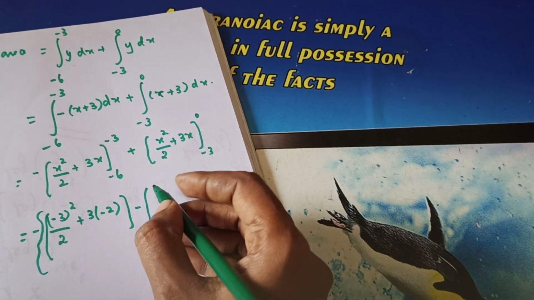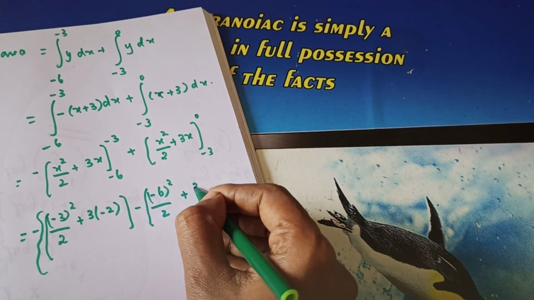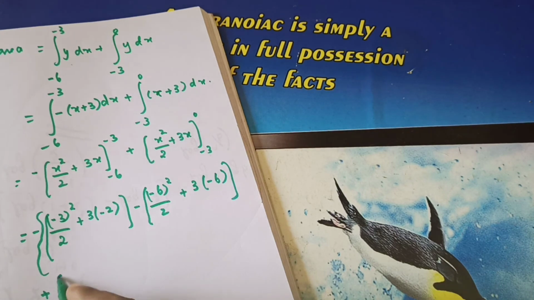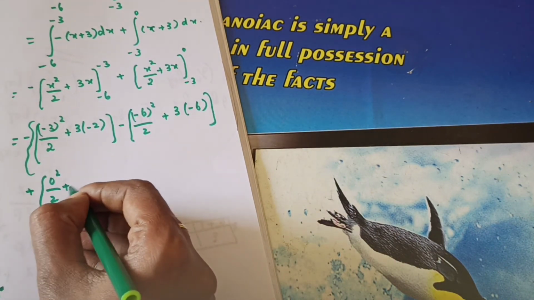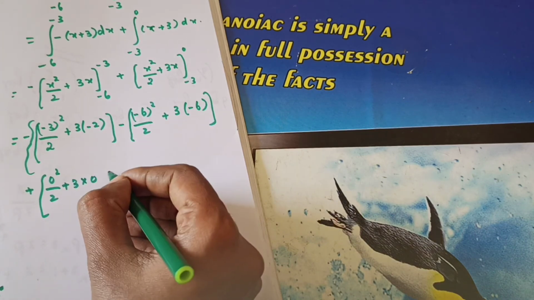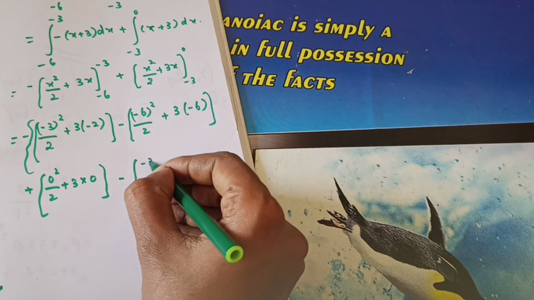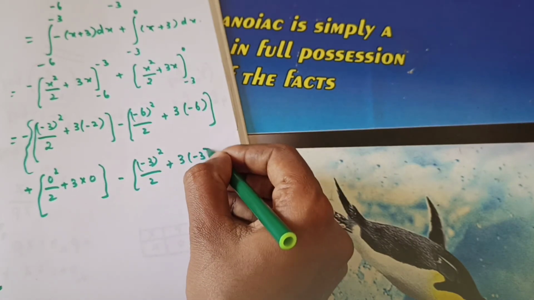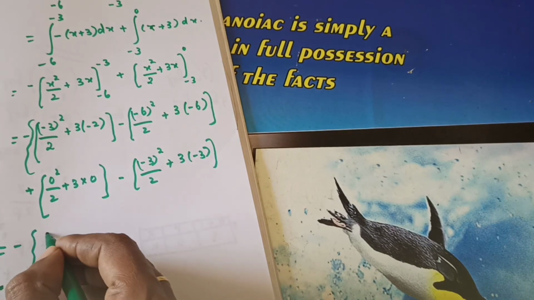Minus of, again lower limit, minus 6 the whole square by 2 plus 3 into minus 6. Close the bracket. The next one, upper limit minus lower limit means 0 square divided by 2 plus 3 into 0, minus lower limit, minus 3 the whole square by 2 plus 3 into minus 3. That's equal to, minus you can keep it outside and simplify.